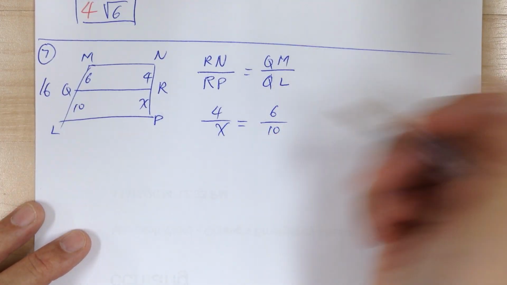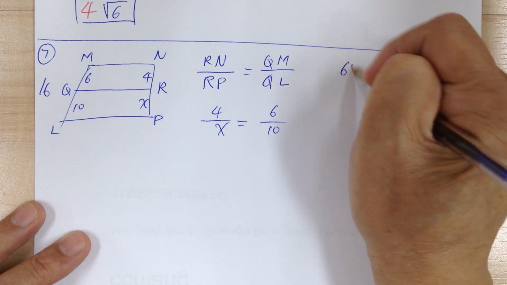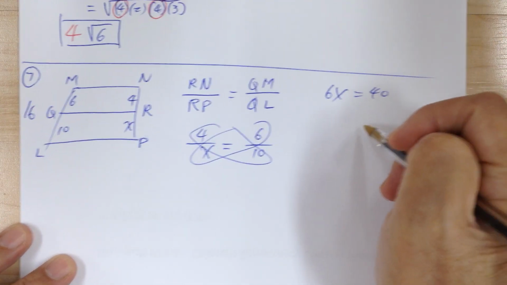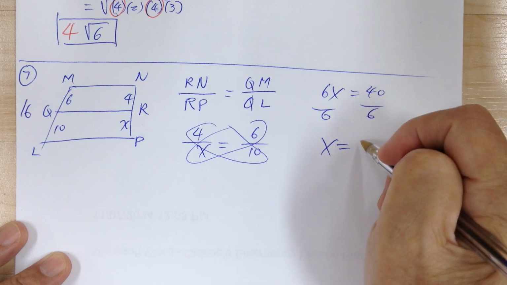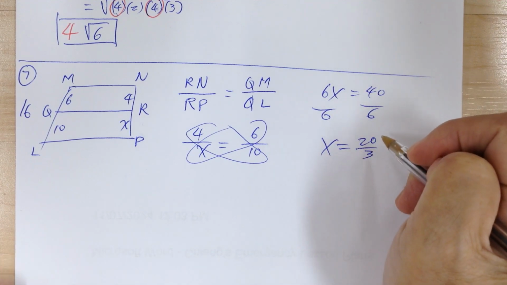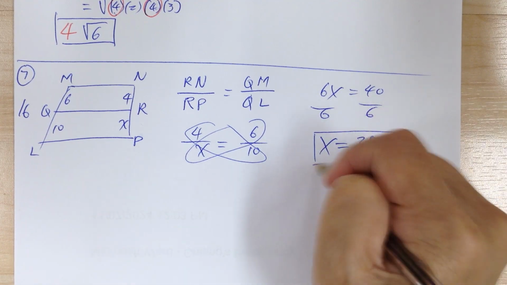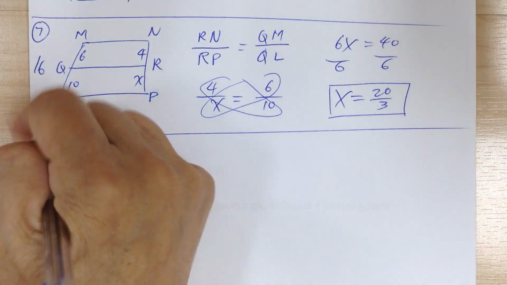After that you just have to solve. So cross multiply, 6x equals 40, and then divide by 6, so x will equal 20 over 3. And you just keep it as an improper fraction. Don't waste time trying to make it into a mixed number.